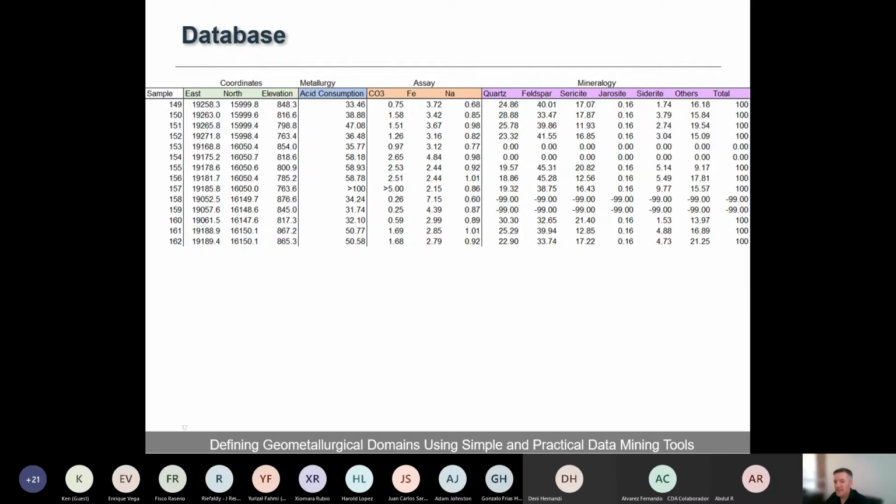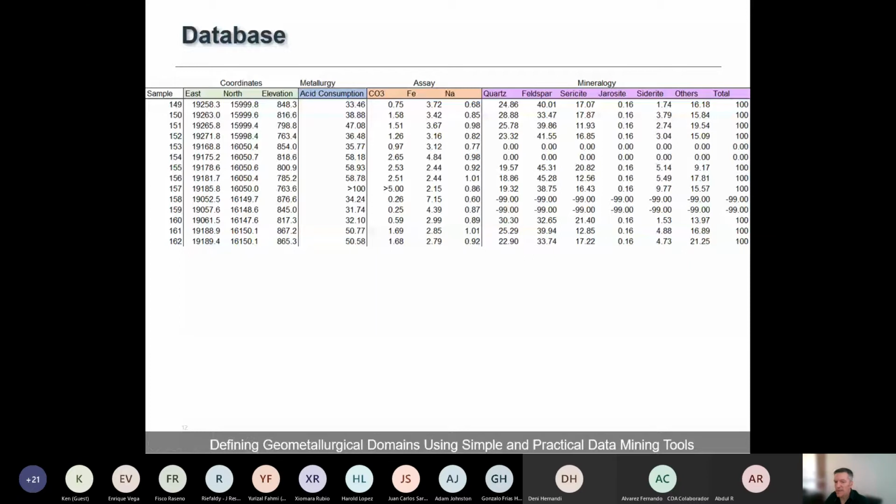Variables are divided by type. The first column or variable corresponds to the sample number, okay? So we are showing here samples 149 to 162. In green, the coordinate variables, okay? X, Y, and Z coordinates.